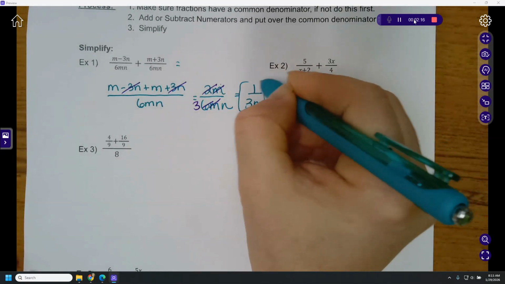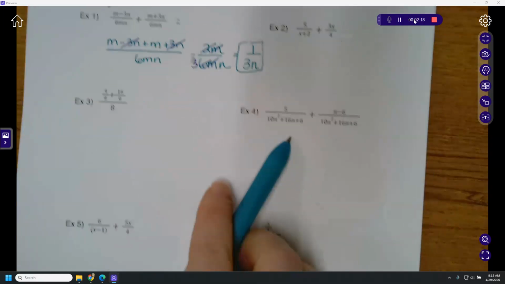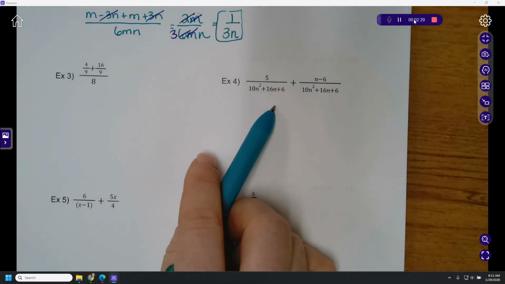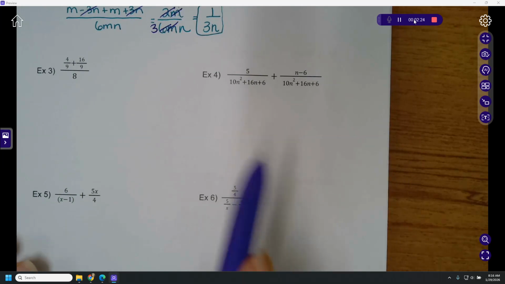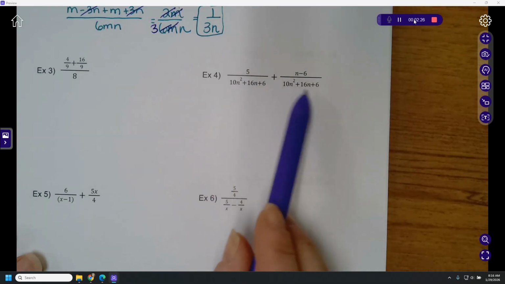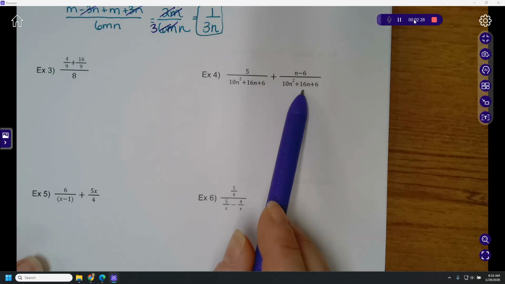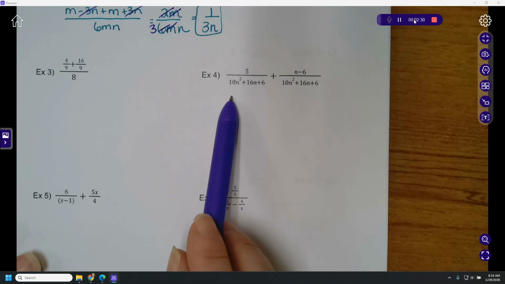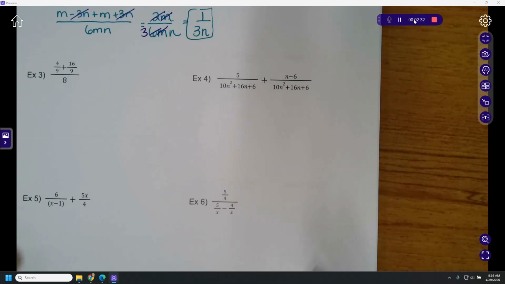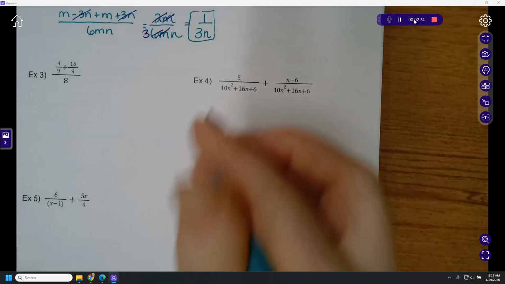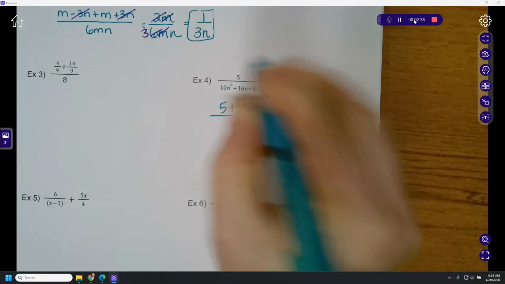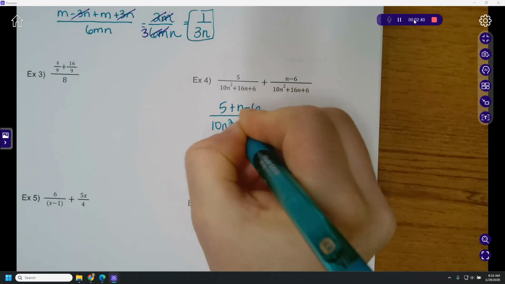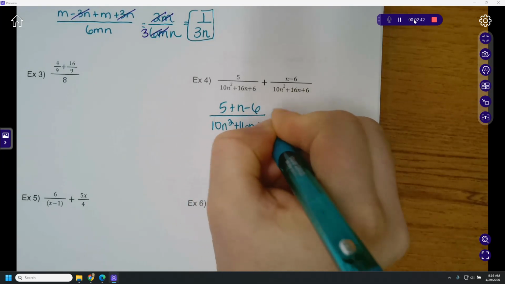Okay, let's hop then to example 4. In example 4, again, do you notice those have a common denominator already? And so I am going to go straight to adding. I have 5 plus n minus 6 over 10n squared plus 16n plus 6.